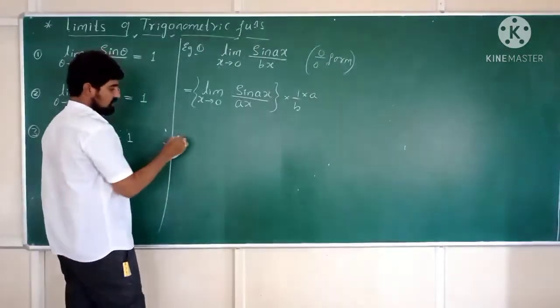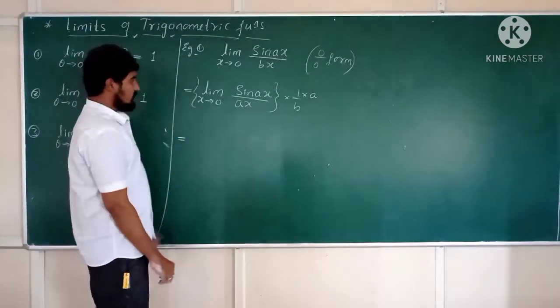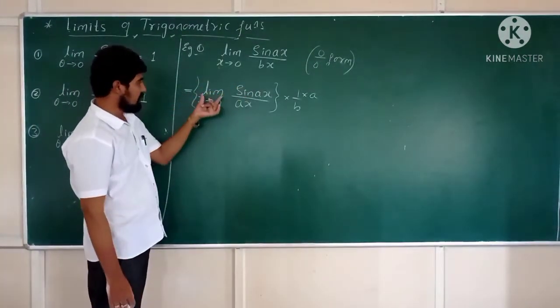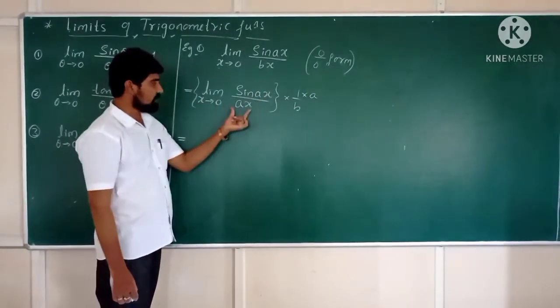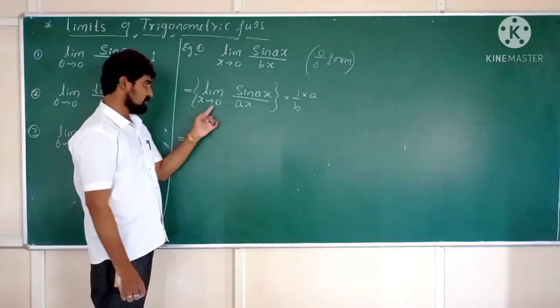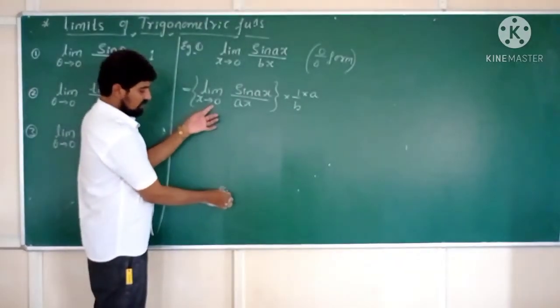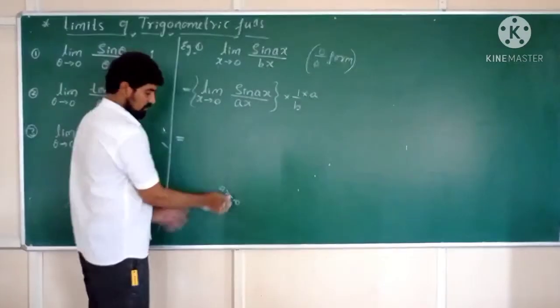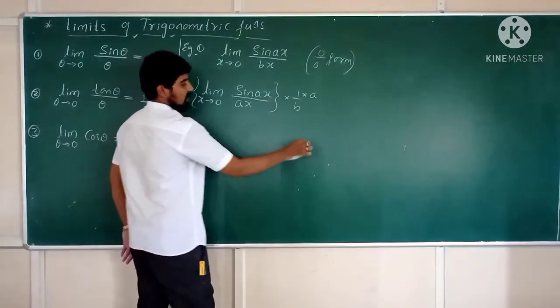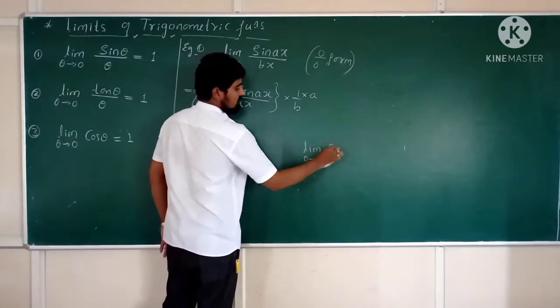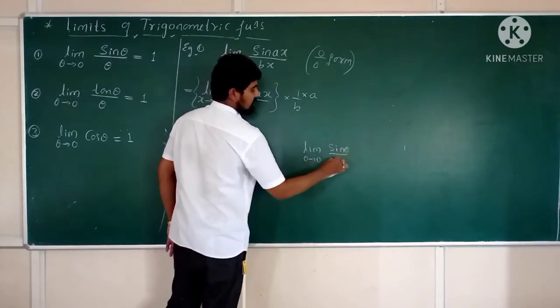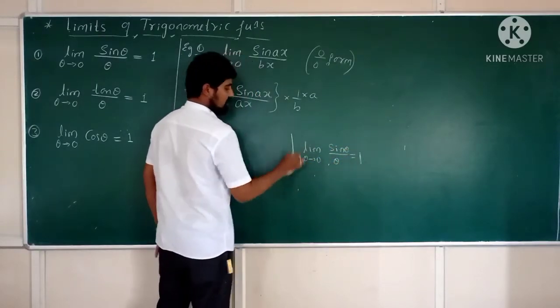I hope all of you understand it, which is equal to, now this is in the form of limit theta tends to 0, sin theta divided by theta. As x tends to 0, obviously ax tends to 0. So therefore we know that limit theta tends to 0, sin theta by theta is equal to what? 1.